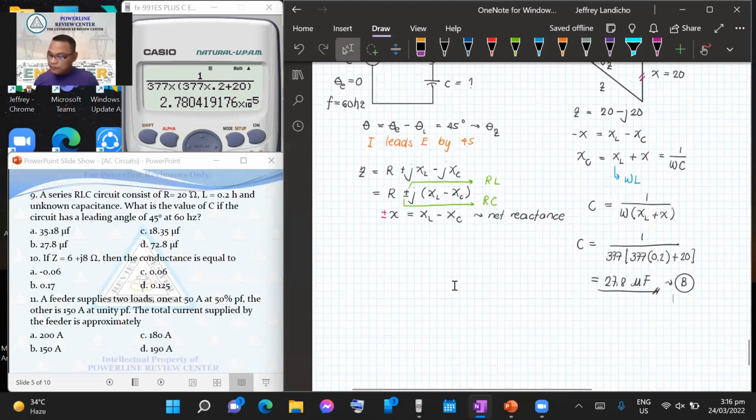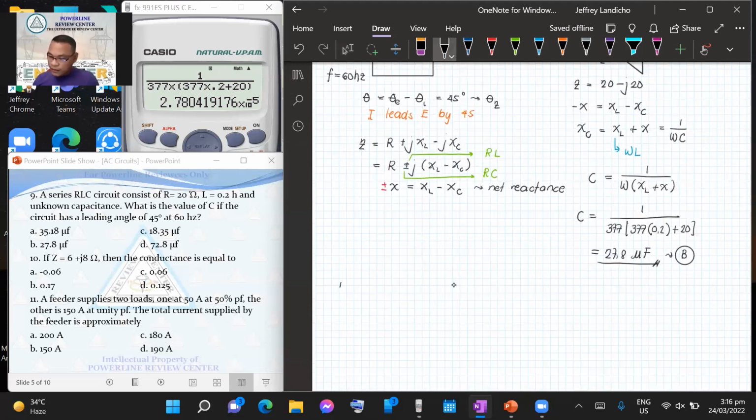So number 10, hinahanap lang yung ating conductance. So sino nga ba si conductance? Conductance is the reciprocal of our resistance. However, kung babalikan natin, for conductance G, by definition, conductance is the reciprocal of resistance.